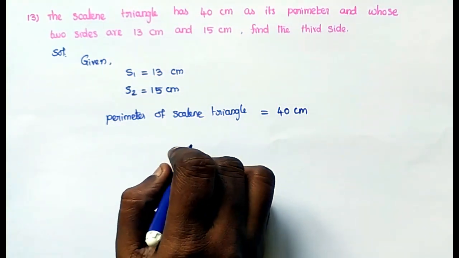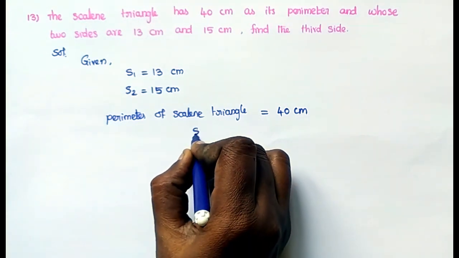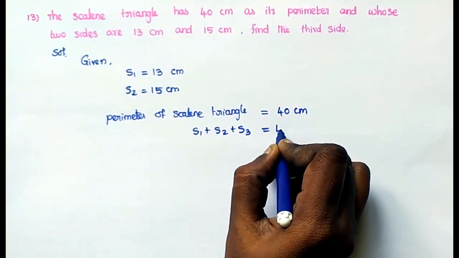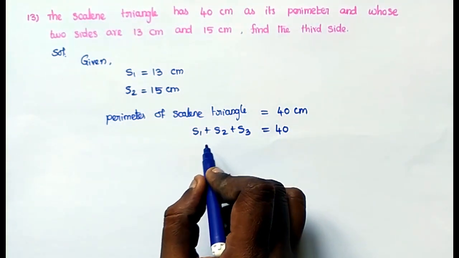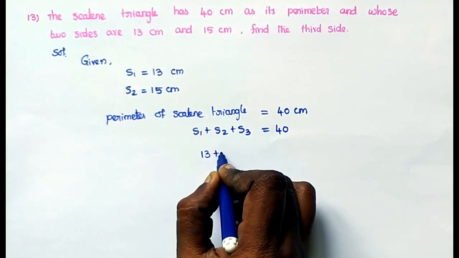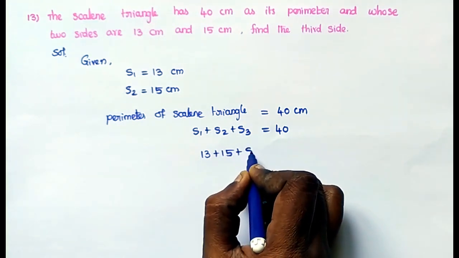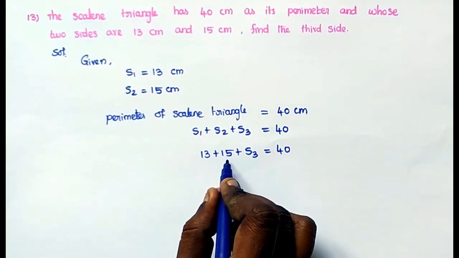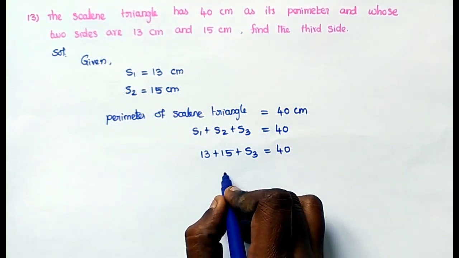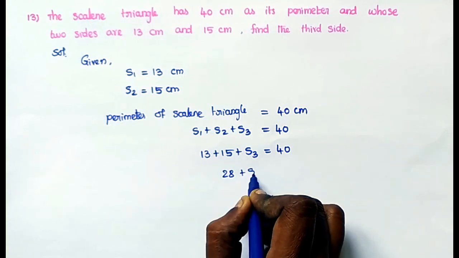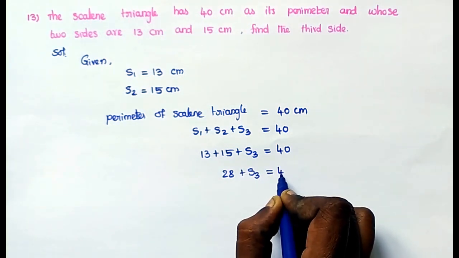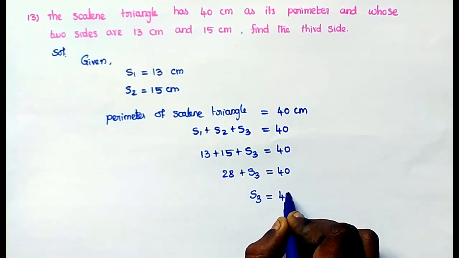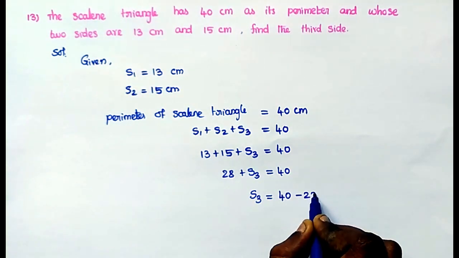What is the formula for perimeter of a triangle? That is S1 plus S2 plus S3 equal to 40. We know that S1 and S2, 13 plus 15 plus S3, we don't know, write down as it is. 15 plus 13, 28 plus S3 equal to 40. Now S3 equal to 40 minus 28.